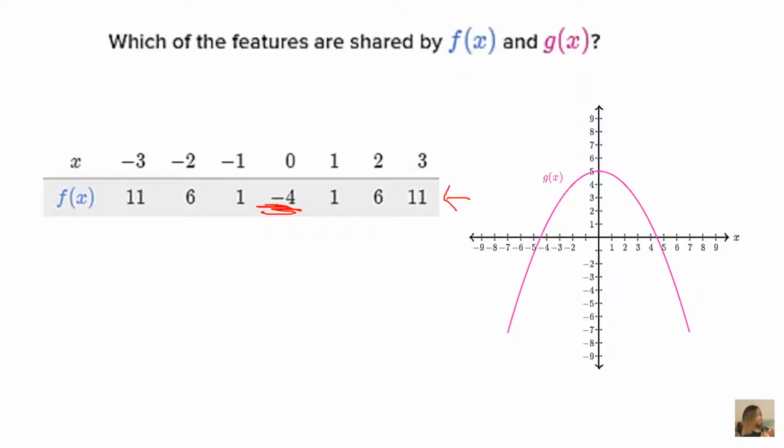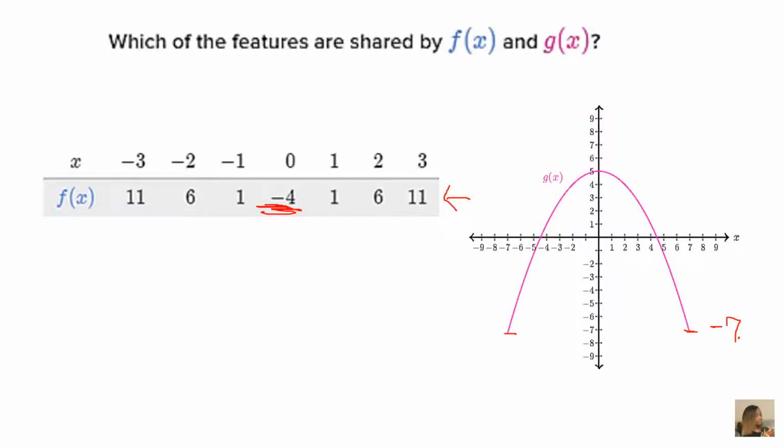Since this looks like a symmetric graph, it's going to be approximately around here, as well as here. And this value is a little less than 7, at about 7.25.